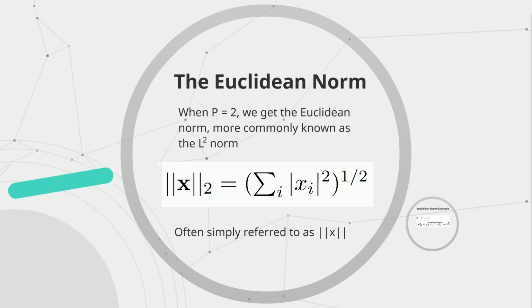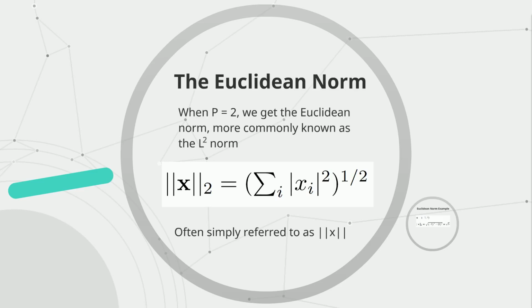This is exactly the Euclidean distance that you might have seen in other applications. This one comes up so often that it's typically referred to as simply the double bars x. You can drop the 2. If it's not specified, assume they mean 2, because this is by far the most common norm that you will see. So this is the Euclidean norm.